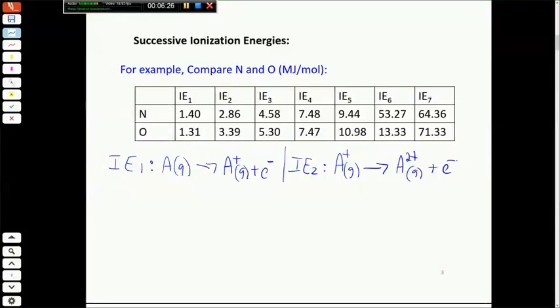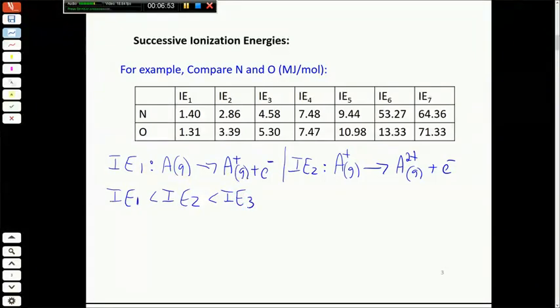And what we should be aware of, comparing for the same element, is that the successive ionization energies, ionization energy 1, 2, 3, and so on, are always going to increase, because as we remove electrons, we have less electron-electron repulsion, we have net positive charge, so they don't really want to lose any more electrons. Each time you remove an electron, it becomes more difficult to remove the next one, which means the ionization energies increase each time.